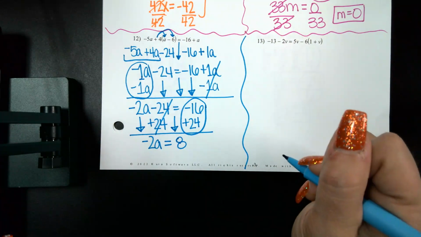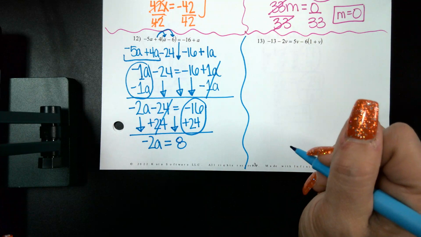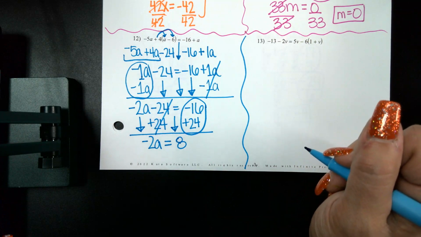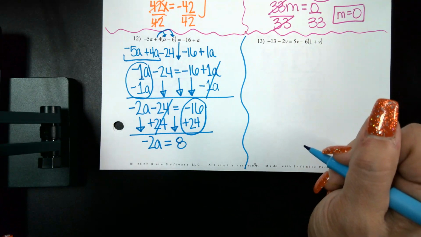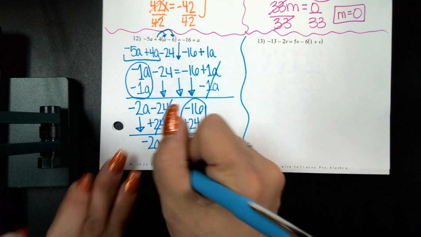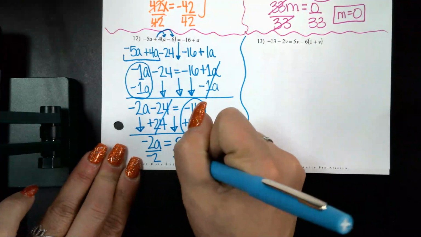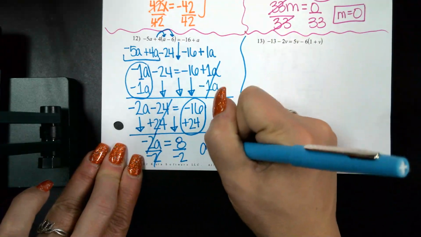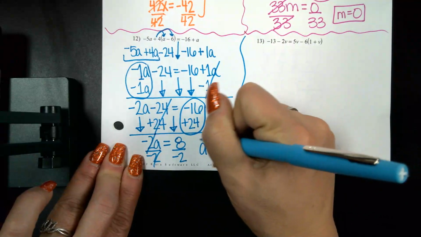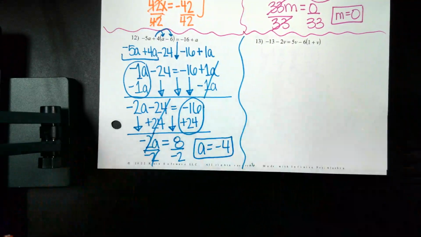And then you guys can finish with your division. Negative 4? Is that what you said? A equals negative 4.